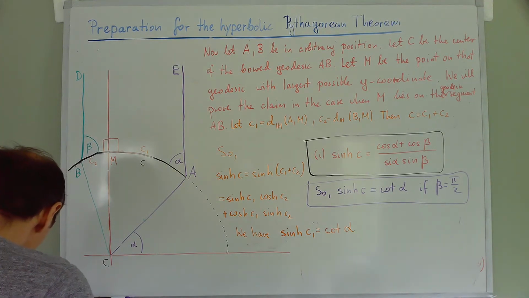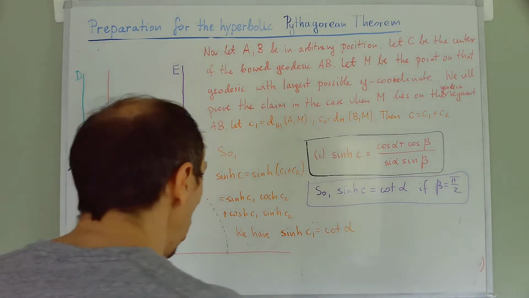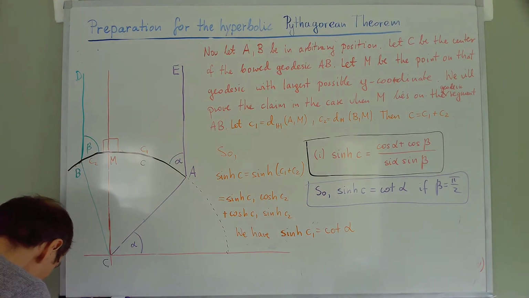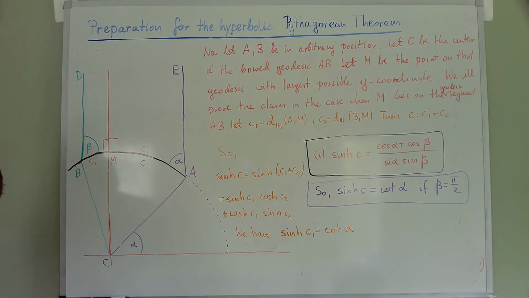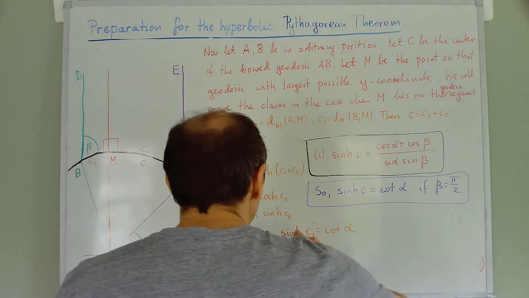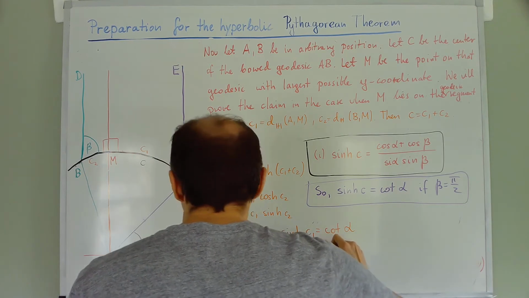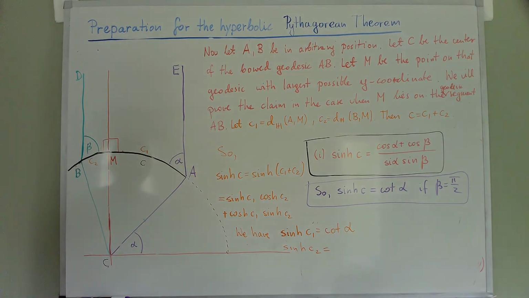And sinh C2, we are now in this situation here, well, that's going to be cotangent beta.